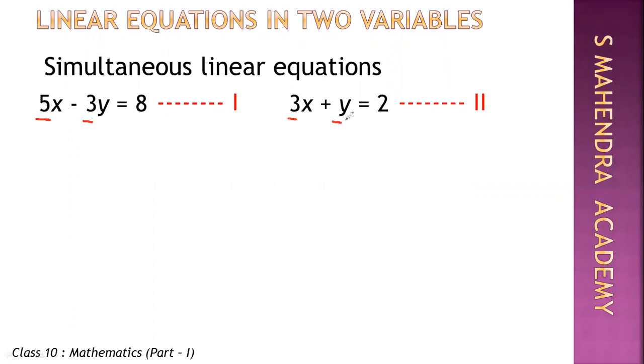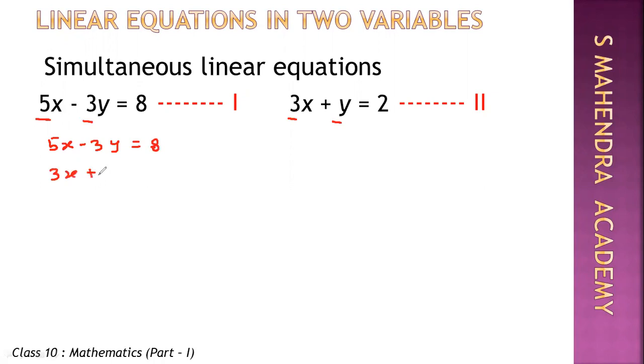So as per the equations and the coefficients, the lower coefficient in this case is that of variable y. So we will try to eliminate variable y from these equations. So first we will rewrite these equations. 5x - 3y = 8.